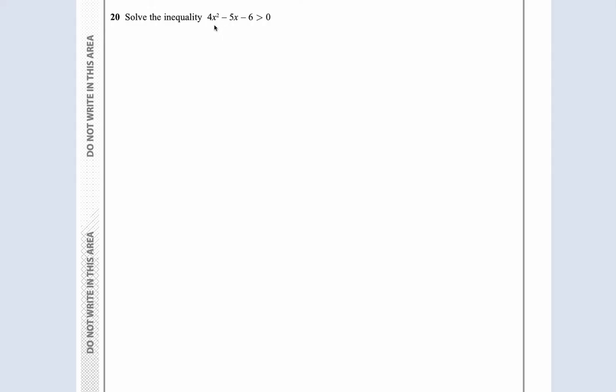but I am going to try and factorize this. How do we do it? Well, I'm going to do 2x and 2x, because 2x times 2x gives me my 4x squared. And then I need to decide, am I going to do 3 and 2? If I do 3 and 2, that'll give me 4x.